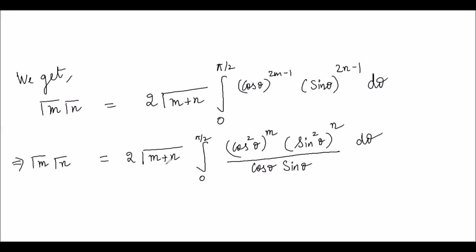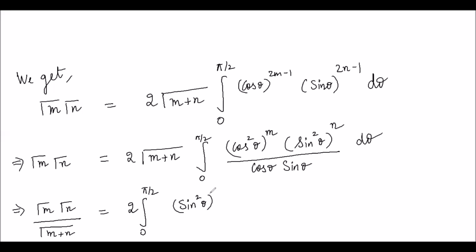Let us take this gamma of m plus n on the left hand side, because it will be in the same form which we have to prove. We have here 2. The limits are from 0 to pi by 2. We have sin square theta raised to power n.